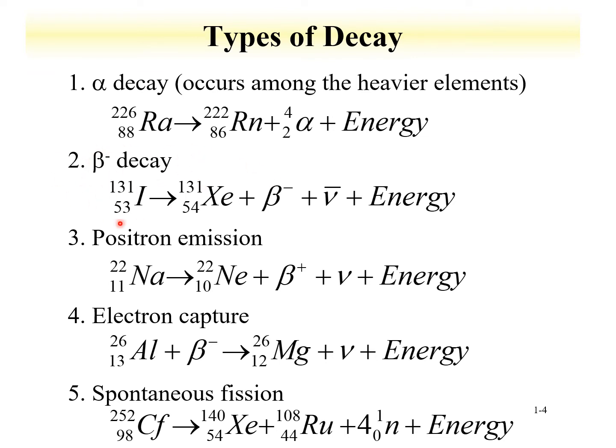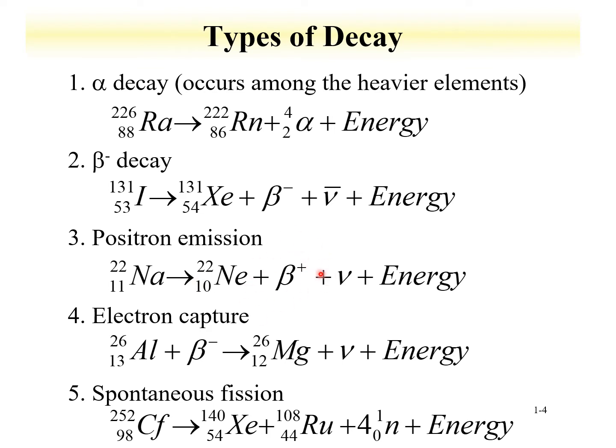Beta minus: in this case, a neutron is converted into a proton, so it moves up the periodic table. A beta particle, which is an electron, an antineutrino, and energy are produced. Positron decay, so these are in neutron deficient nuclides, where a proton is converted into a neutron, so it moves down the periodic table.